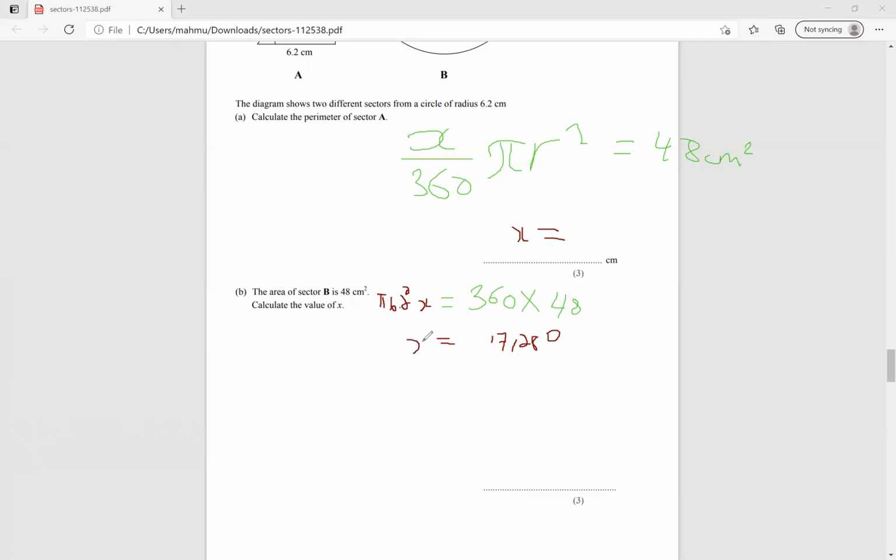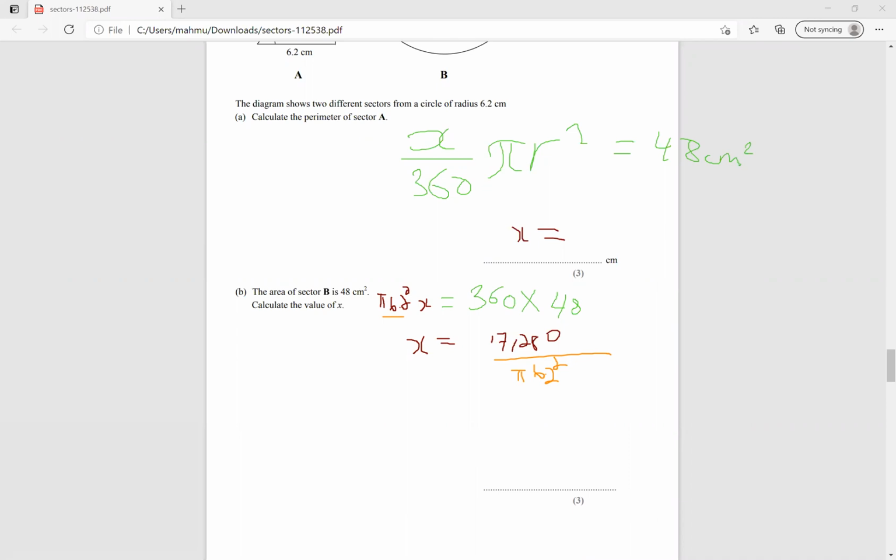Now I could write x equals, and take all those underneath. So now I will divide it by pi times 6.2 squared. So now I've taken those parts and left x on its own. Did that make sense? Yeah.